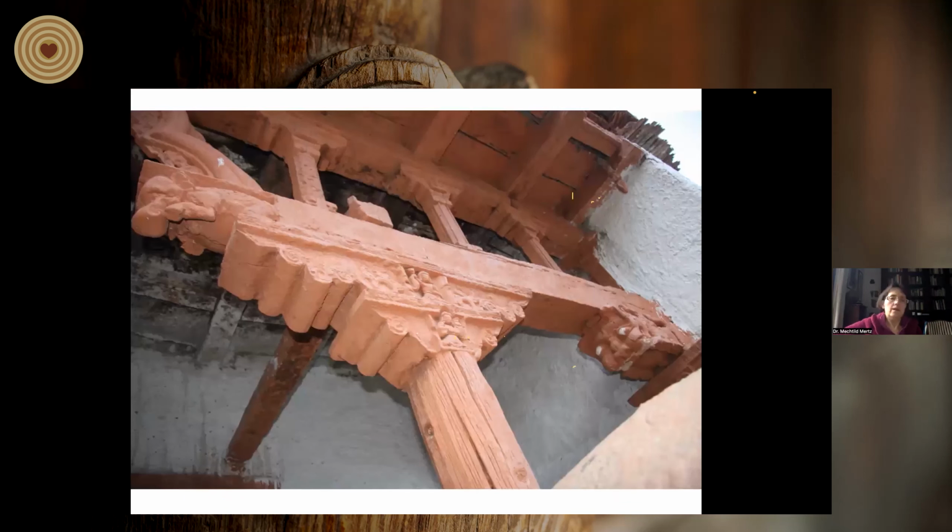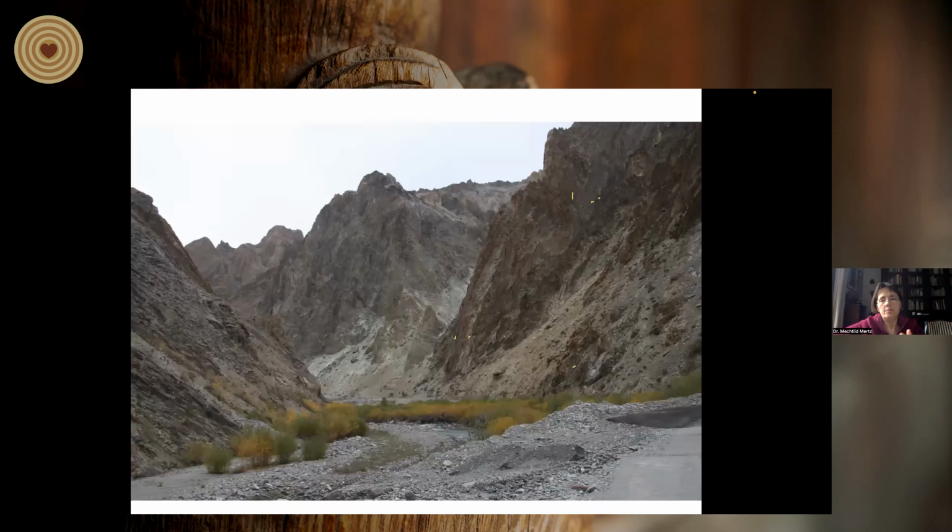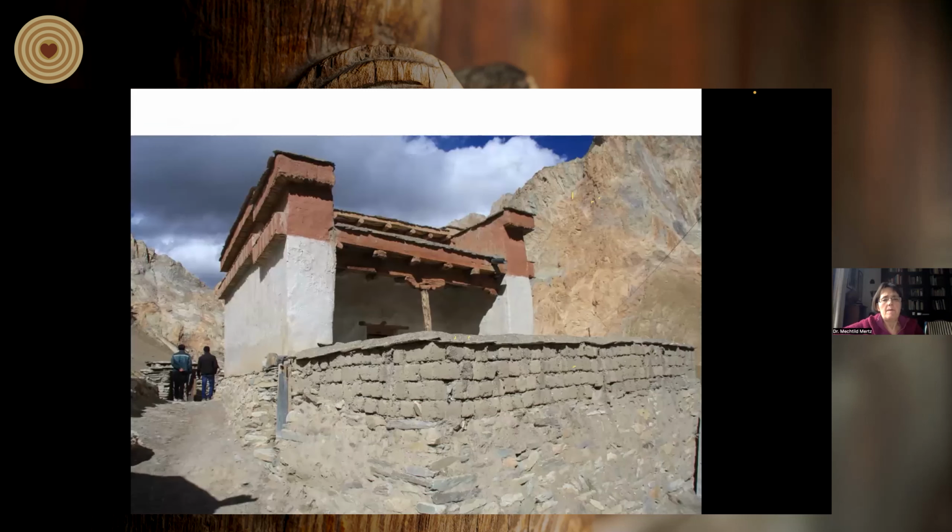Yeah, and here you get a little view of Wanla, and now I go to Kanji village and Kanji temple. I went everywhere, so we went by little car, and this is the temple.